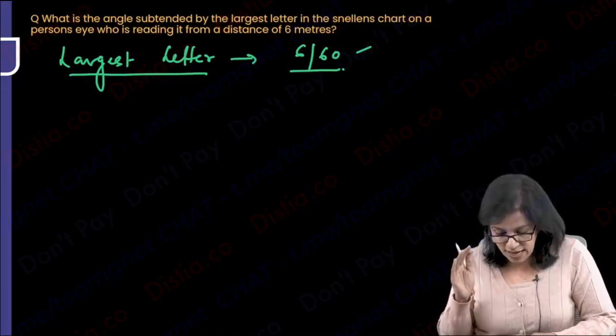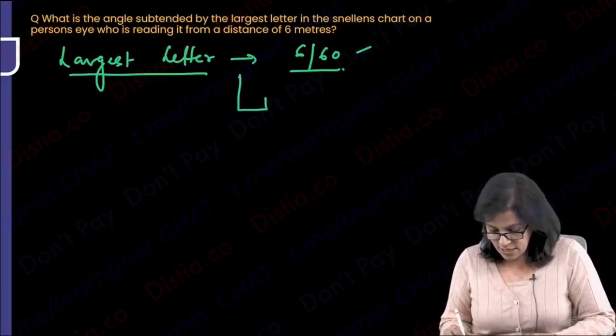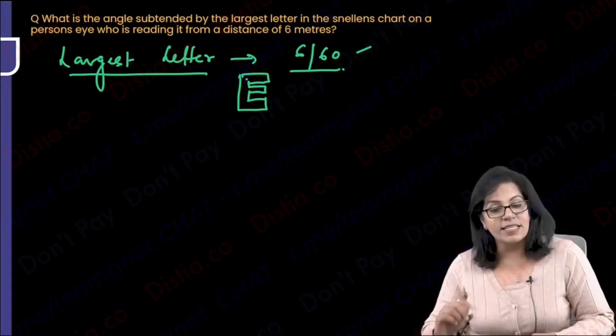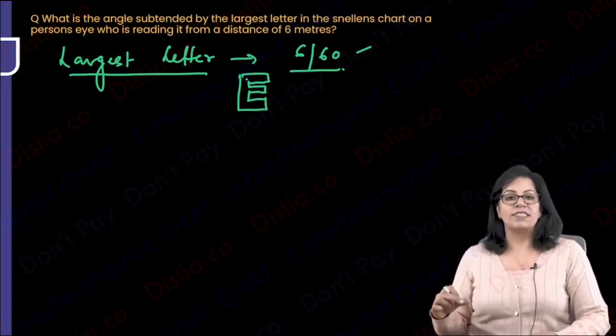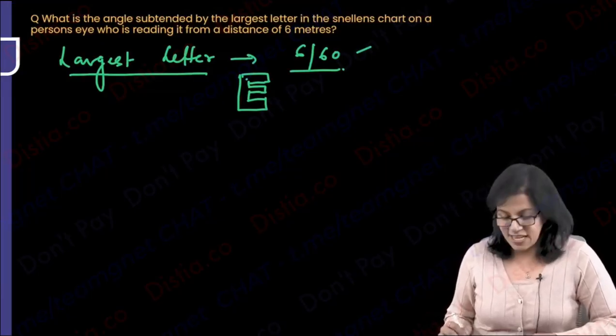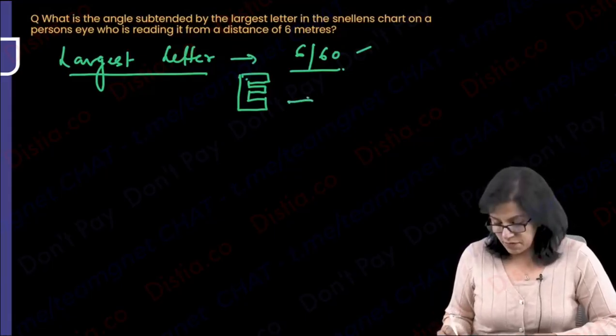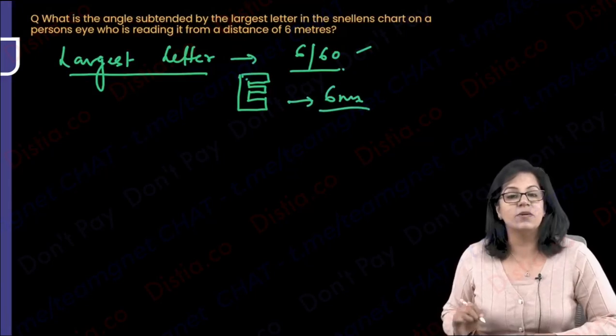Read it again. What is the angle subtended by the largest letter? For the letter E, if you remember the Snellen's chart. In the Snellen's chart it could be any, but in our example it was E. It can be A also. Generally, these are the two common ones. So this E, what angle it is subtending from 6 meters is the question.